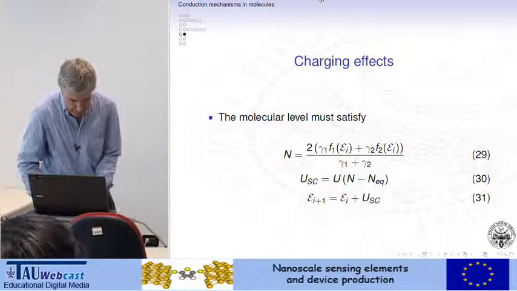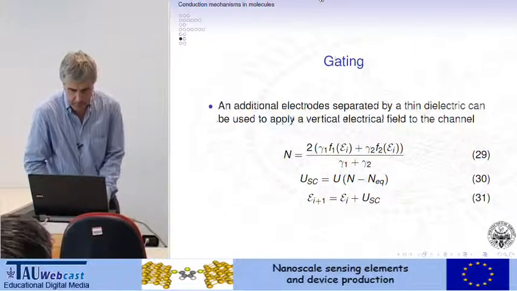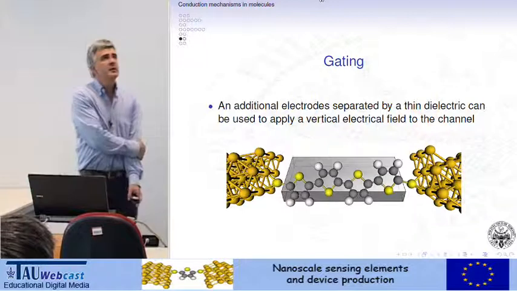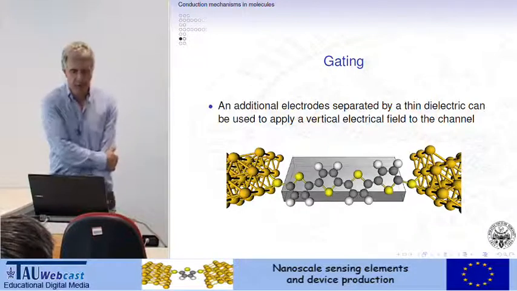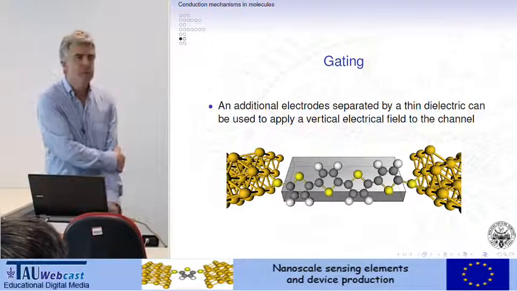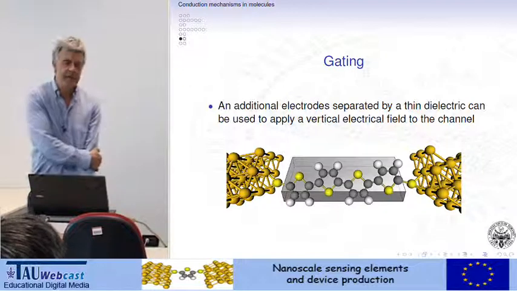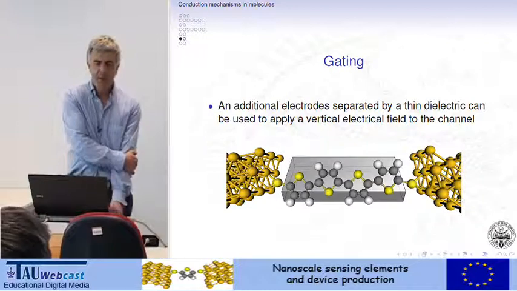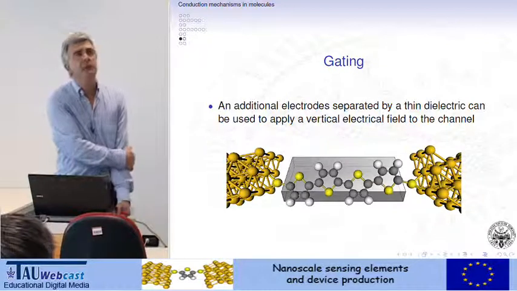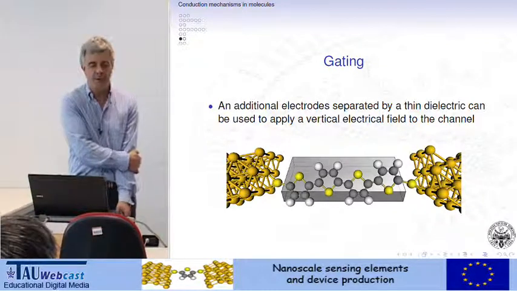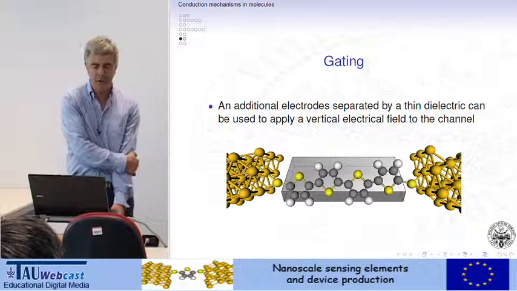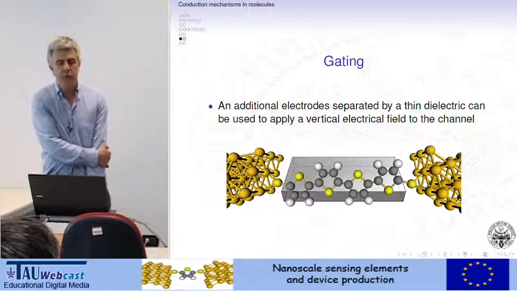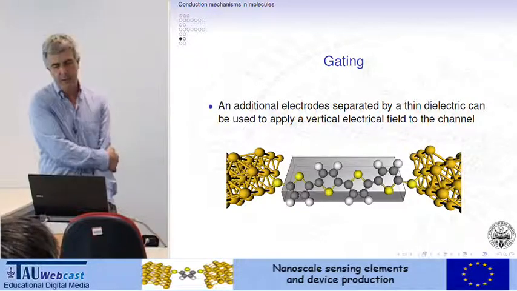Now, we can consider also gating. We know that molecular wires can also be used to implement a molecular field effect transistor. It's also clear that you need a third electrode to control the current. The idea generally is what you see on this slide.